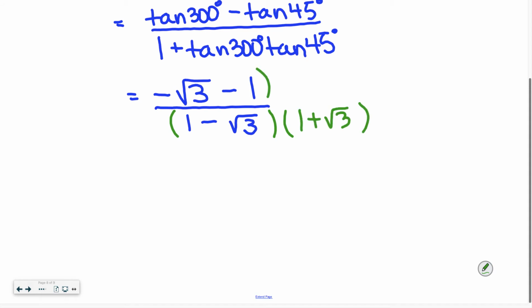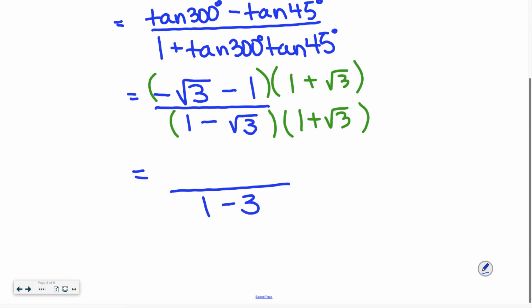Which means we have to do that in the numerator as well. What do you want to do first, numerator or denominator? Denominator. Denominator is nice because it is a squared minus b squared. We're multiplying by conjugates. We know those middles are going to cancel out.